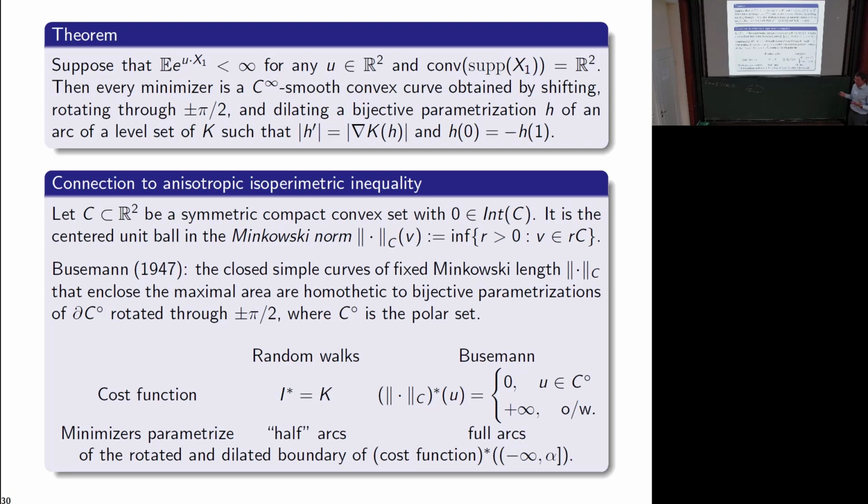And then the results are very similar, because in my case, what we do at the end is look at the level sets of the Legendre transform of the cost function. This function is convex, so the level sets are convex sets, and their boundaries are convex curves.